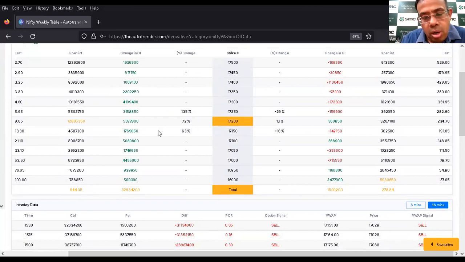It is important just because it shows resistance and support. And why are resistance and support important? For two things. One, for your basic understanding of the market. And second, when you are trading in the market, you should know that whatever the reason for the market fall or market rise, you should not attempt any fresh position near support or resistance.